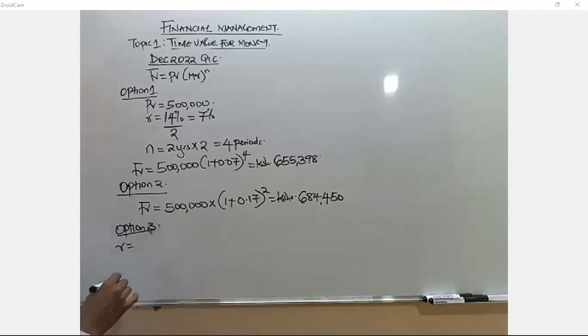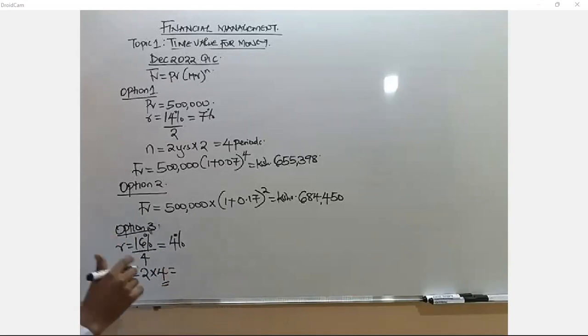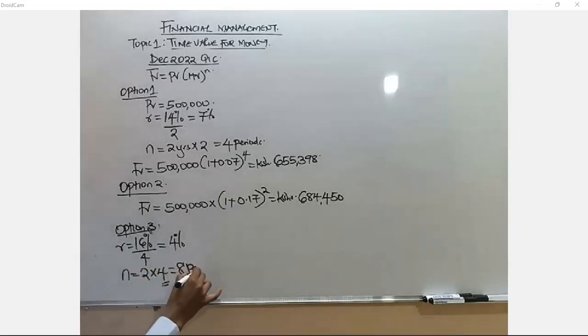Our interest rate is 16%, but in a year you have 4 quarters, so our rate will be 4% per 3 months, right? Then what is happening with the number of years? Our number of years will be multiplied by 4, so it will be 2 times 4, and the 4 is for the quarters that we have in a year. And you're going to have 8 periods.